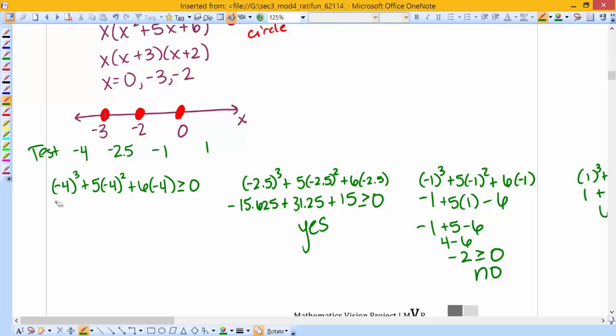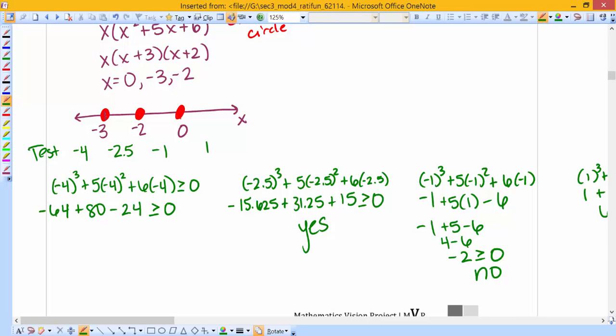Now I move over here. 4 cubed is going to give me negative 64. 16 times 5 is going to give me positive 80. Minus 24. This is not going to be greater than or equal to 0.